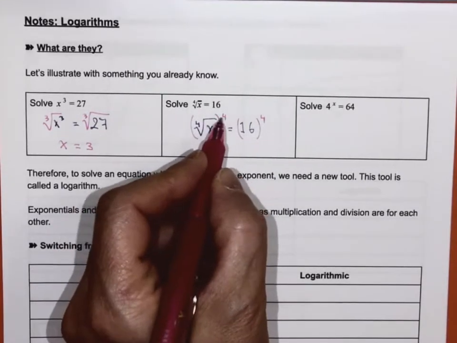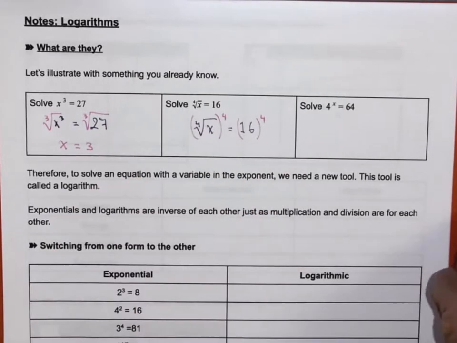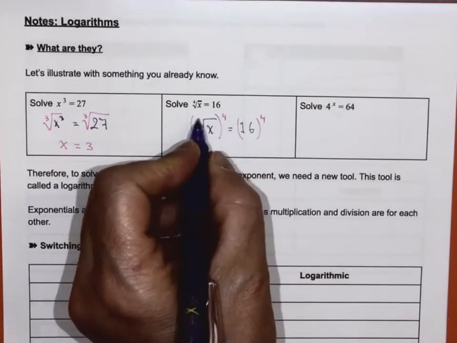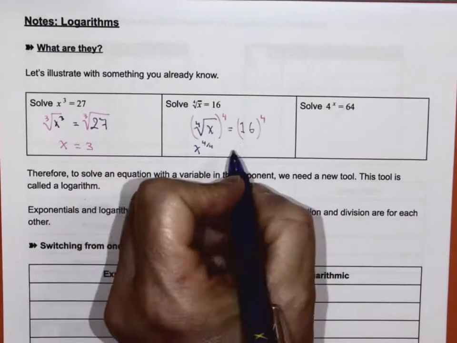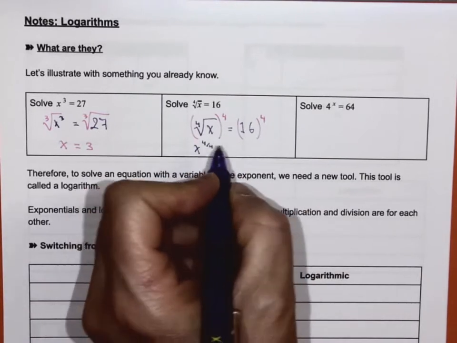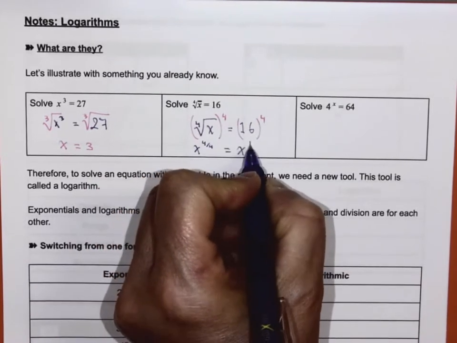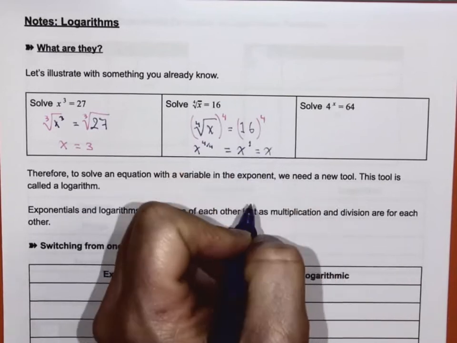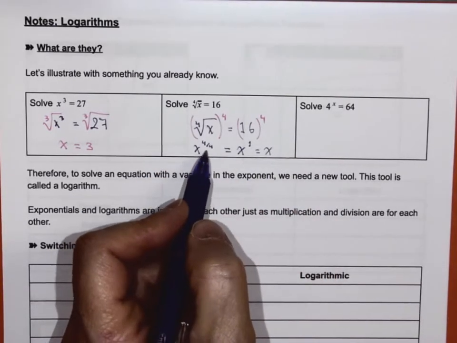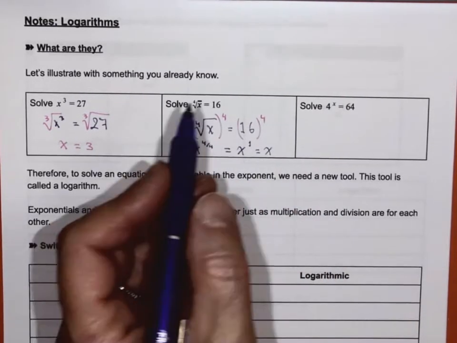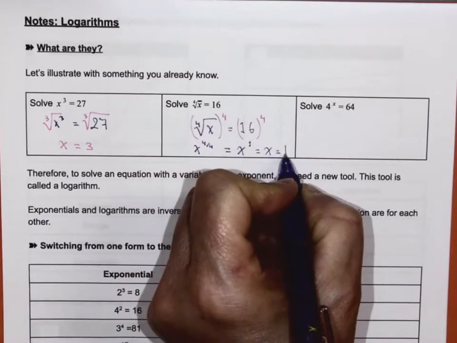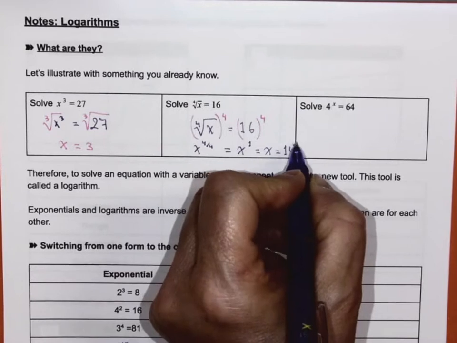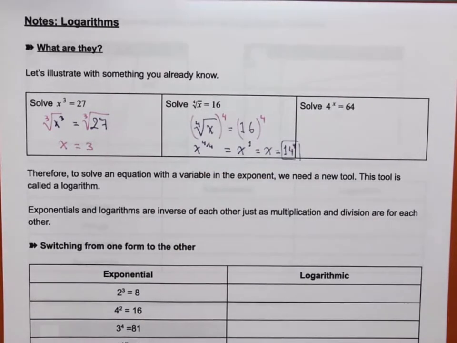And remember when we did the rational exponent, how we said that can be rewritten as x to the 4 over 4? And what is 4 over 4? Is that not just the same thing as x to the first, which is just x, right? And this is why it would solve for just x. It would cancel the root. And so what is 16 to the fourth power? Well, I'm just going to leave it there as 16 to the fourth power, because that'll be a big number, right?